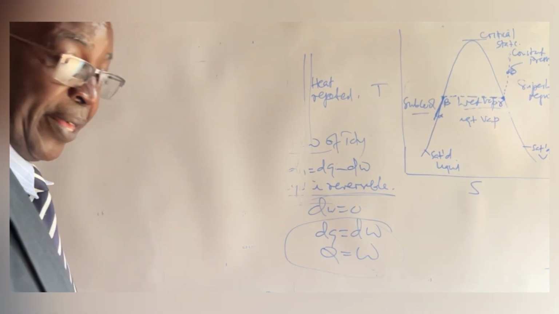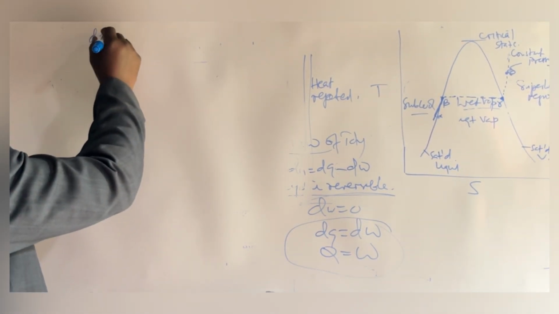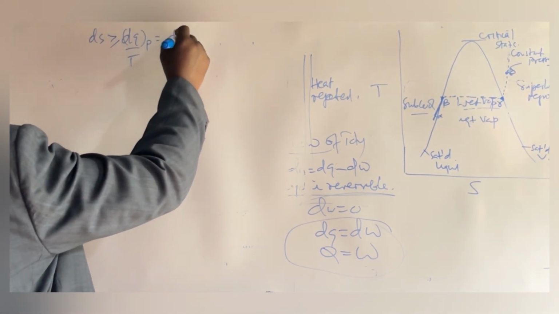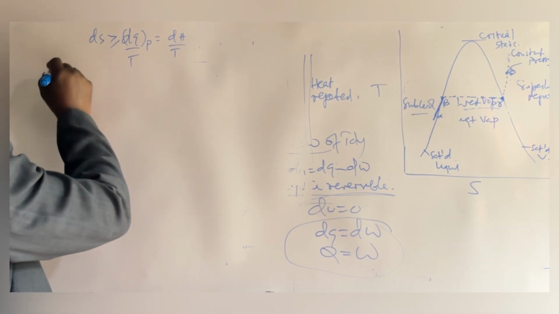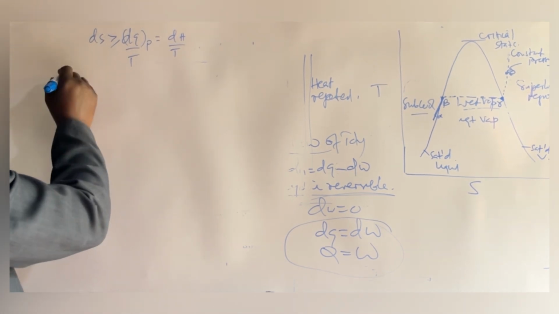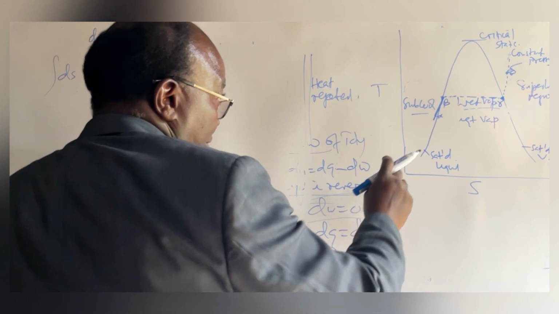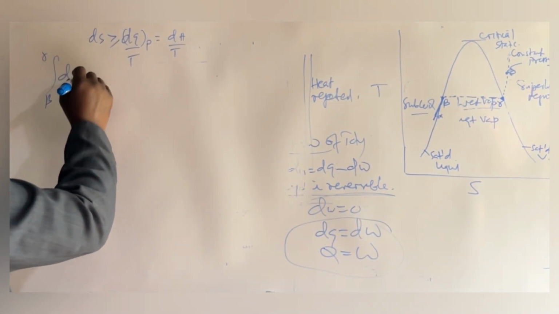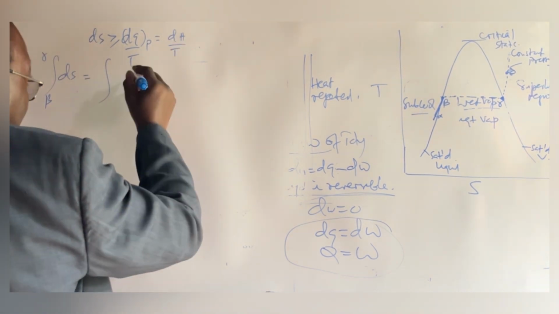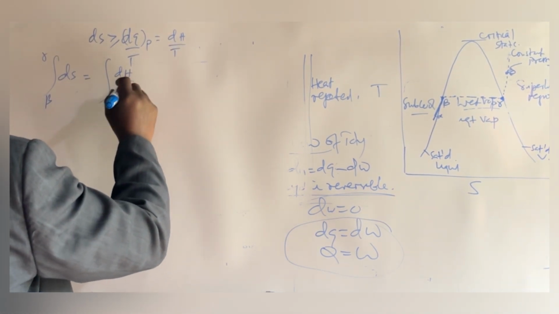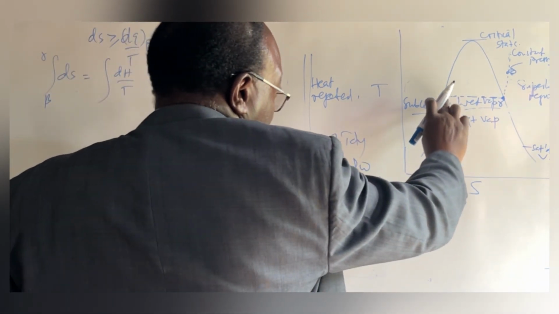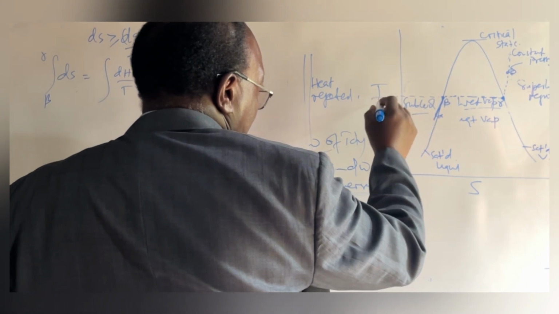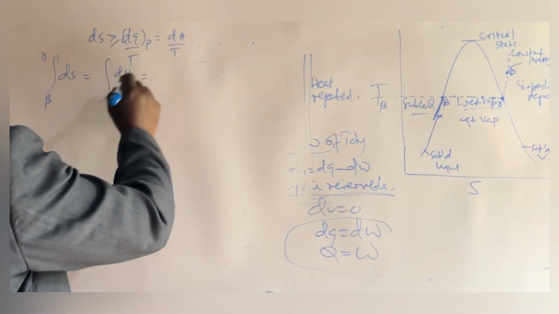So from the Clausius inequality, ds is greater than or equal to dq over T, and at constant pressure that becomes dH over T. The change in entropy when we move from beta to gamma will therefore be the integral of dH over T. But remember that T corresponds to the saturation temperature, which we can label here as T beta.